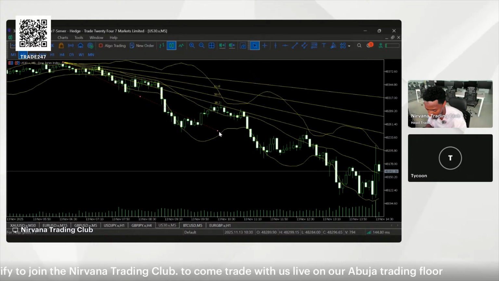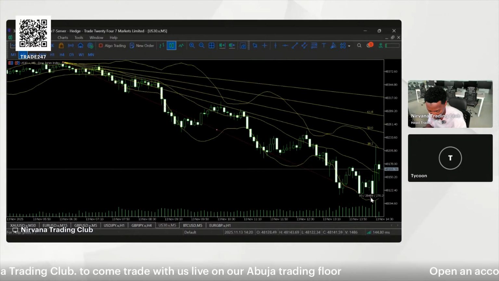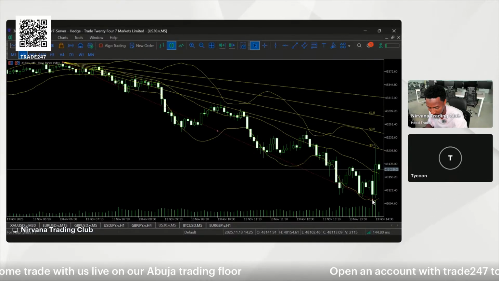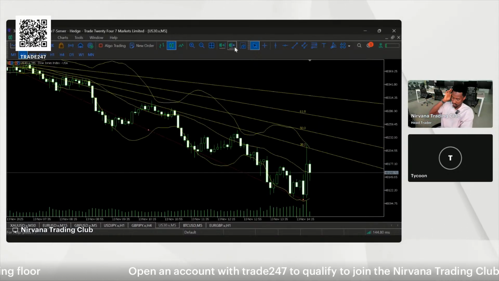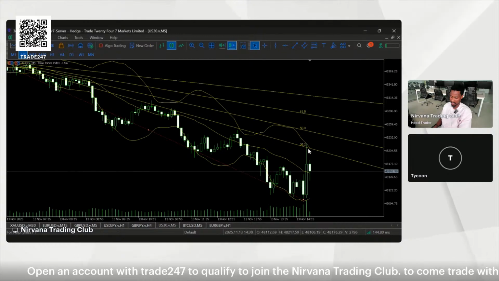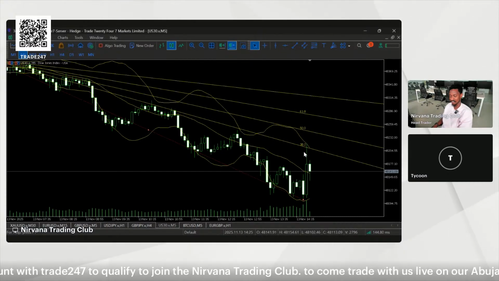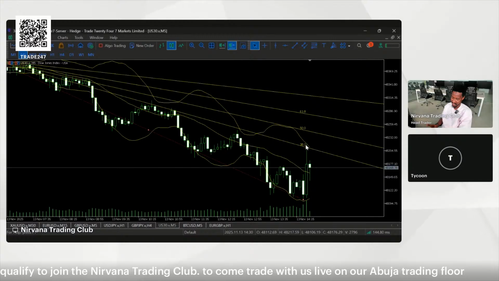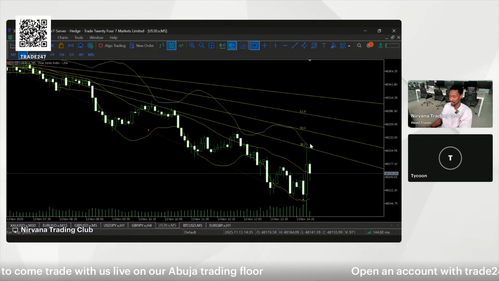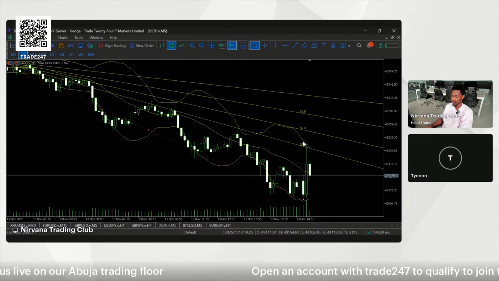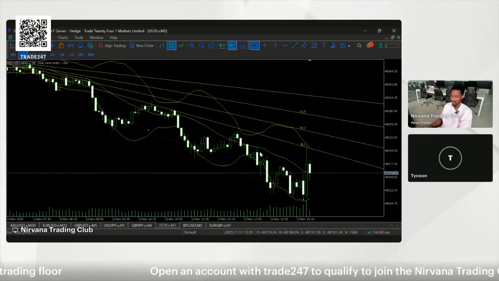This is what I'll be looking at. So look at this, there's a reaction here. If it's going to play out that way, but I feel it's been a bearish decline for the most part of today.